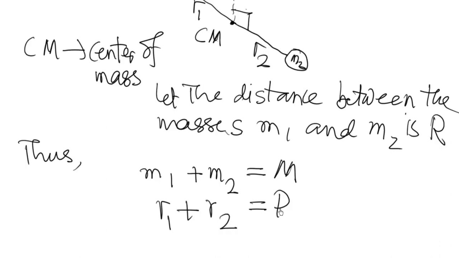This is equal to capital R, because capital R is the distance between the masses M1 and M2.